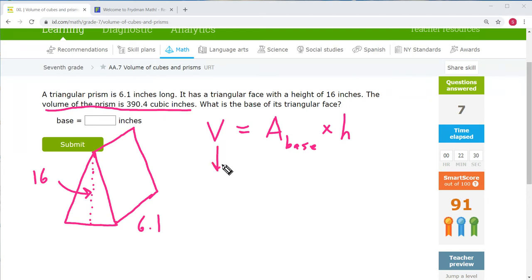So let's plug that in over here. Now, this might be a little bit confusing because it says a triangular prism is 6.1 inches long. So that means that this part is 6.1 inches. I'm going to go ahead and plug that in for the height.